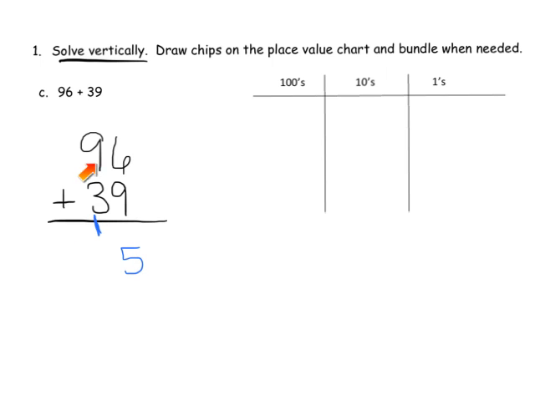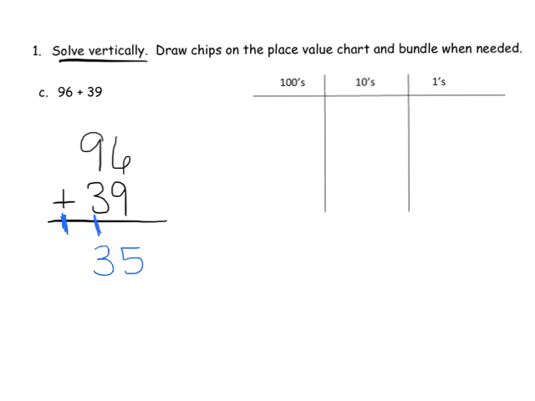And now we can add together our tens column. So we have 9 plus 3 is 12, plus 1 more is 13. So that's 13 tens. So 13 is a 10 plus 3.